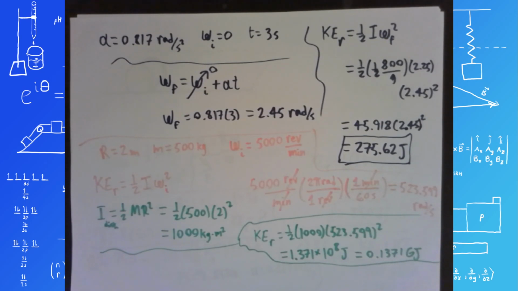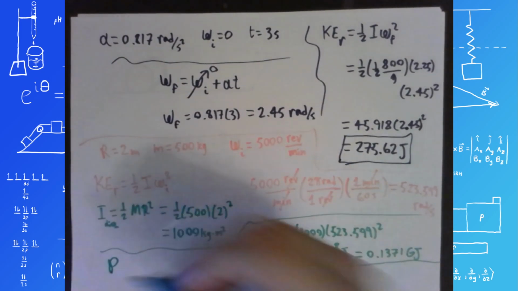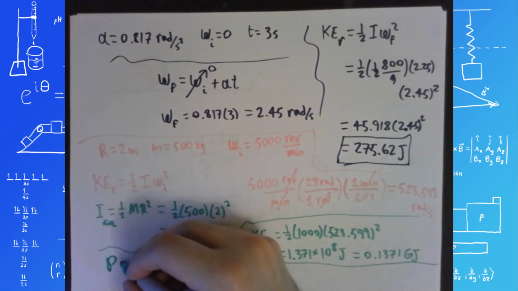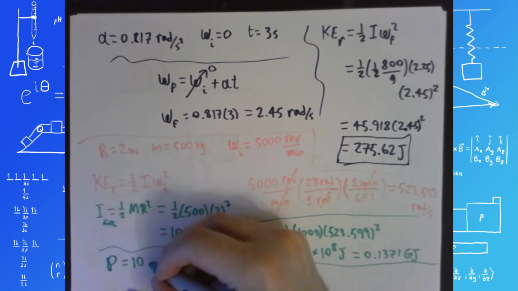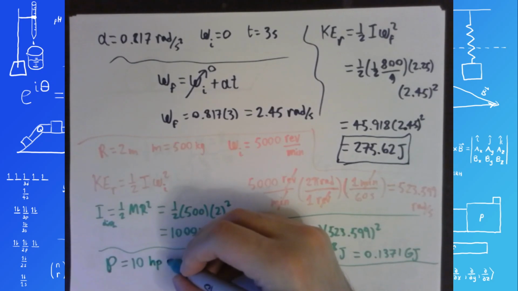Anyway, 10 horsepower, they said. They said power, they want it to act as a 10 horsepower motor. They said 10.0 horsepower for those of you who care about the sig fig rules, but I'm just going to write 10. So 10 horsepower.